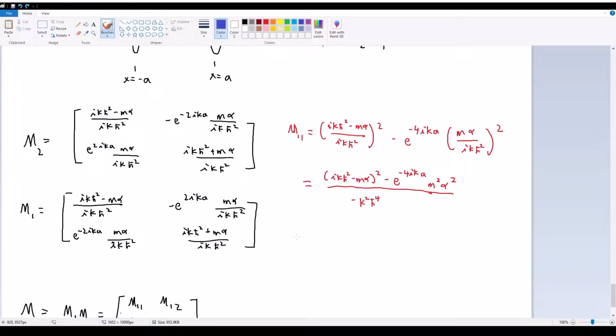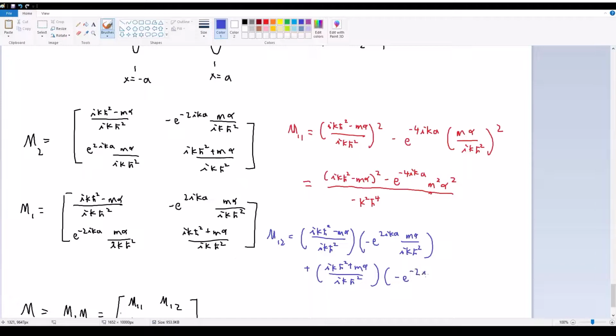So this is going to give us, let's see, (ik h bar squared minus m alpha) over ik h bar squared, multiplied by negative e to the 2ika times m alpha over ik h bar squared, and then plus (ik h bar squared plus m alpha) over ik h bar squared times negative e to the negative 2ika times m alpha over ik h bar squared.